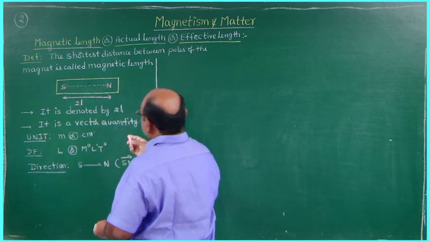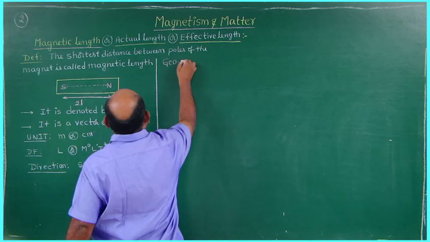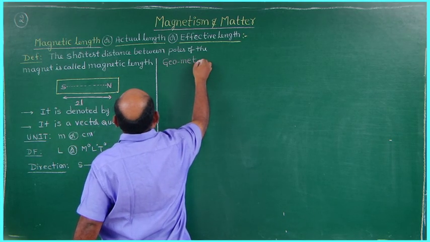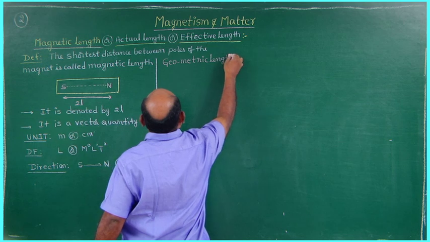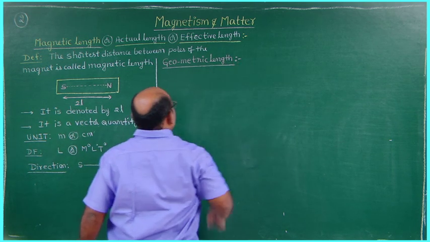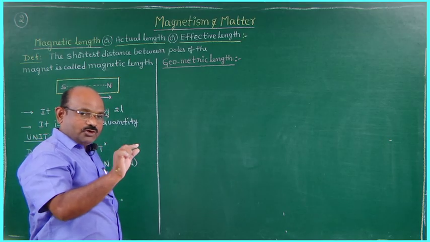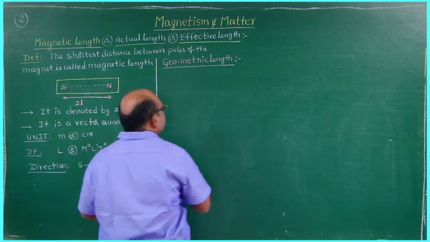This is the magnetic length. Let us see what about the geometric length. Geometric length means the total length of the magnet. First, let me write the definition.